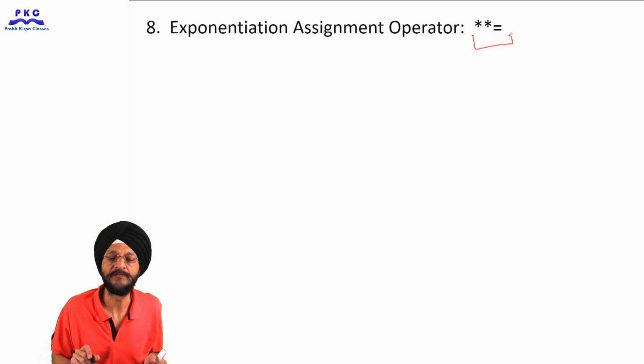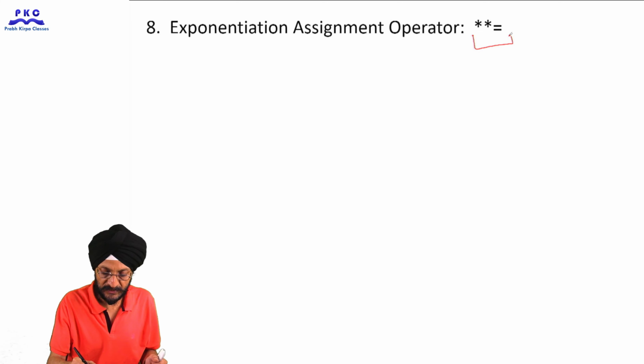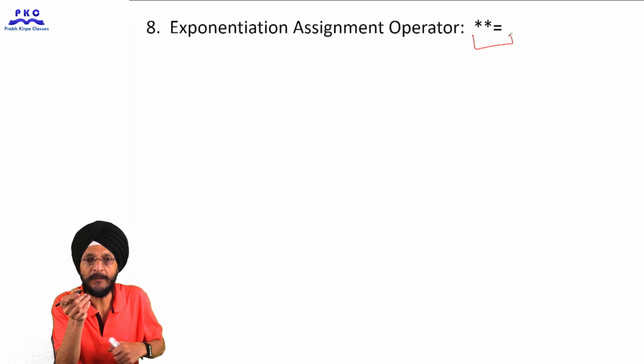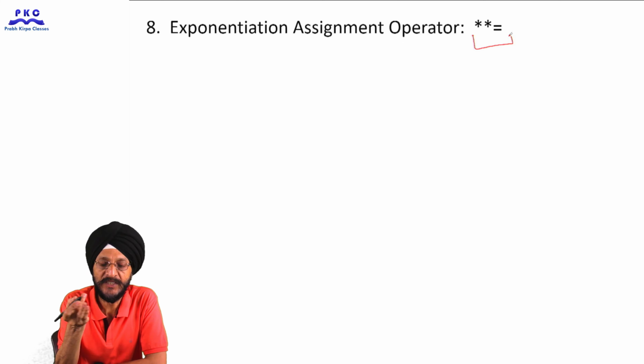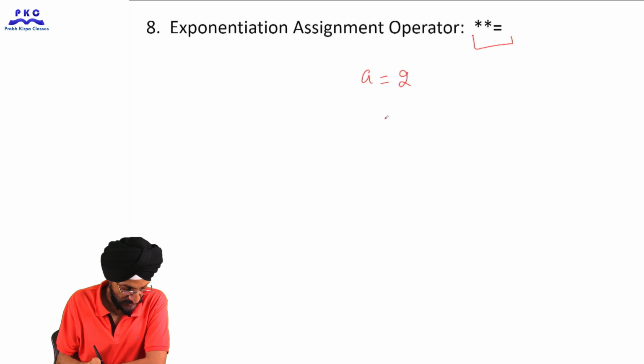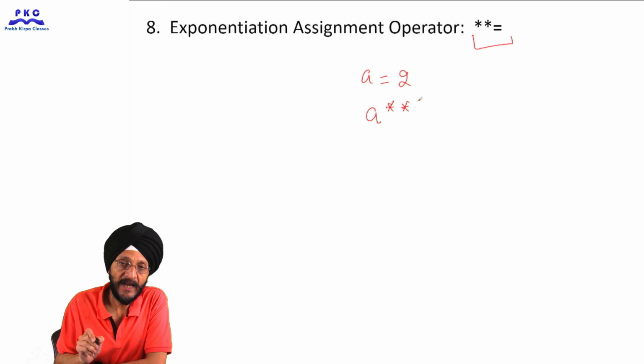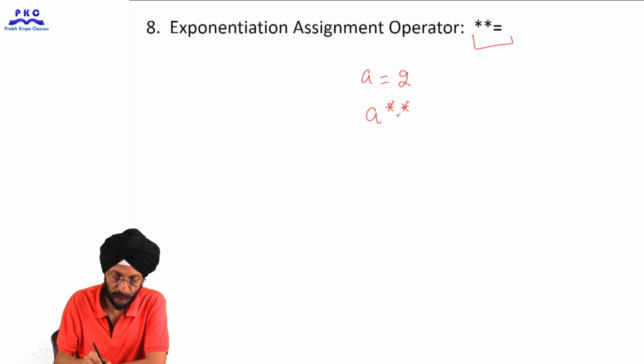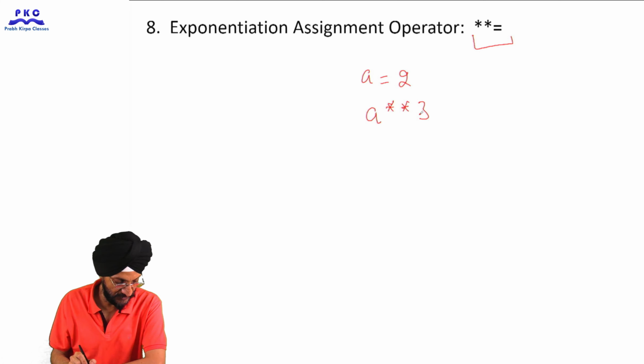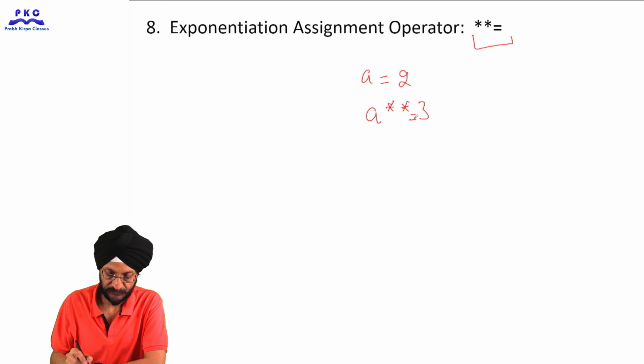Then is exponentiation assignment operator. Exponentiation or exponent means raised to the power is equal to. Suppose A is equal to 2. And now we write A exponentiation or exponents, we write it star symbol twice, then write is equal to 3.